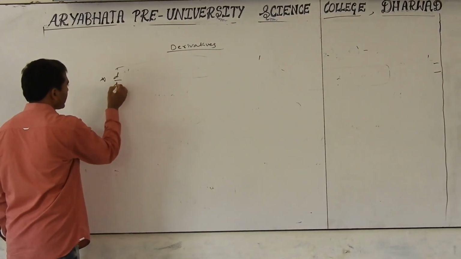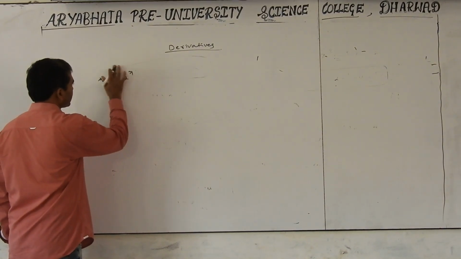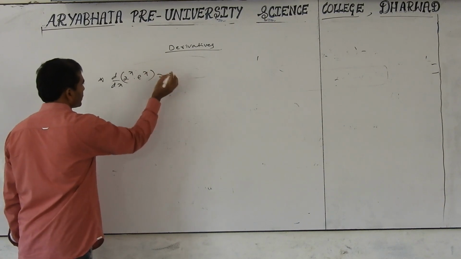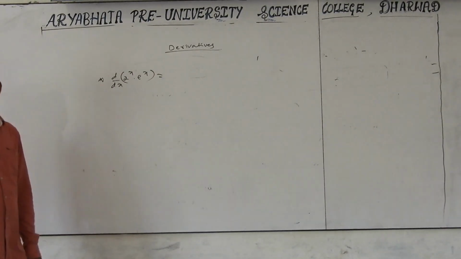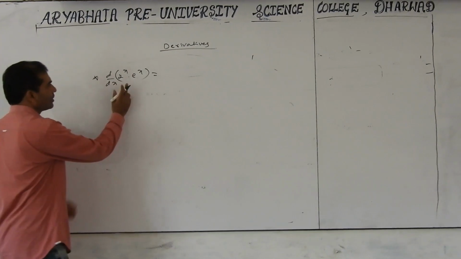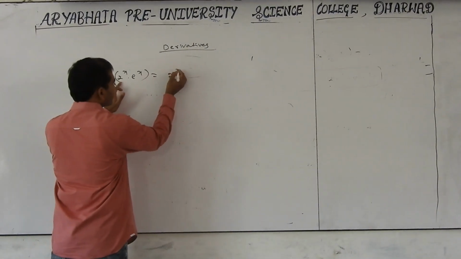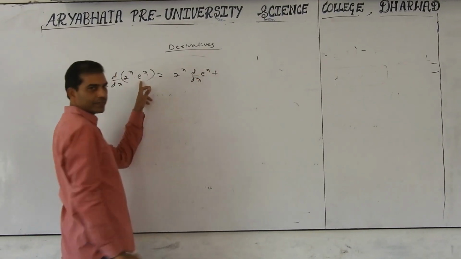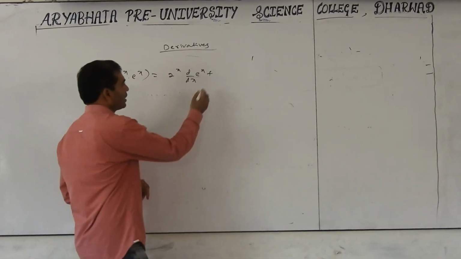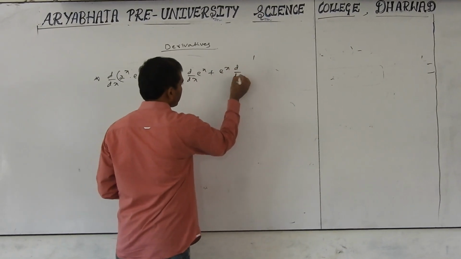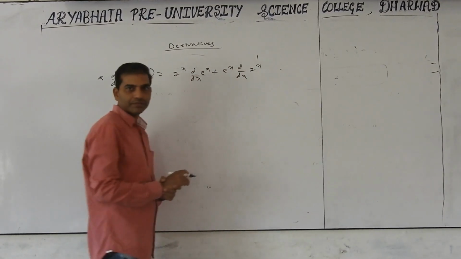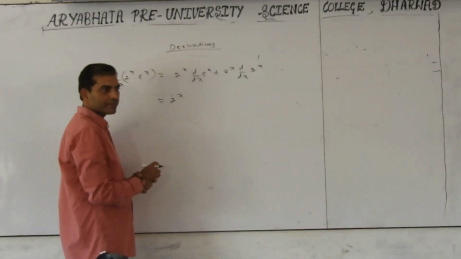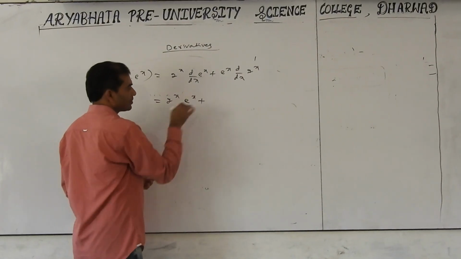Next, d by dx of 2 power x into e power x. This is also uv. Tell me, u is 2 power x into d by dx of v, e power x, plus v, e power x, into d by dx of 2 power x. Derivative of e power x is e power x.